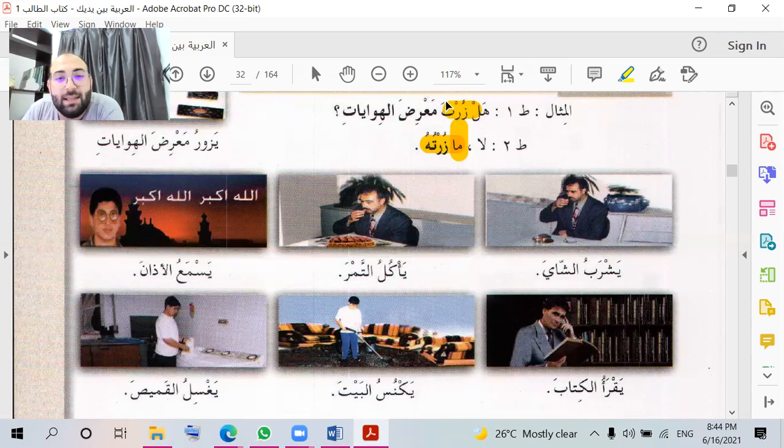So when you want to put ta, this ta is for you. Hal zurti for female, hal zurta for male. Same in present, the kaf. You remember in present, we add at the end the ya and noon for female. And we add the ta at the start of the verb in the present.